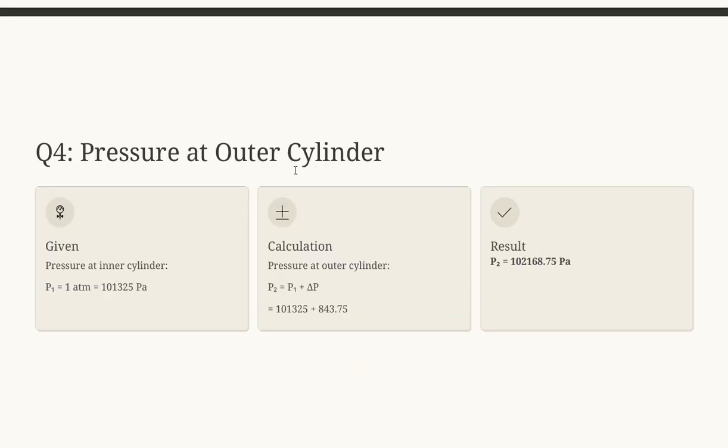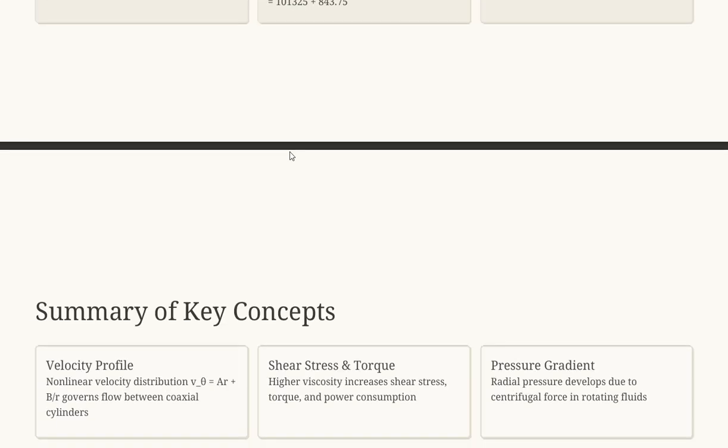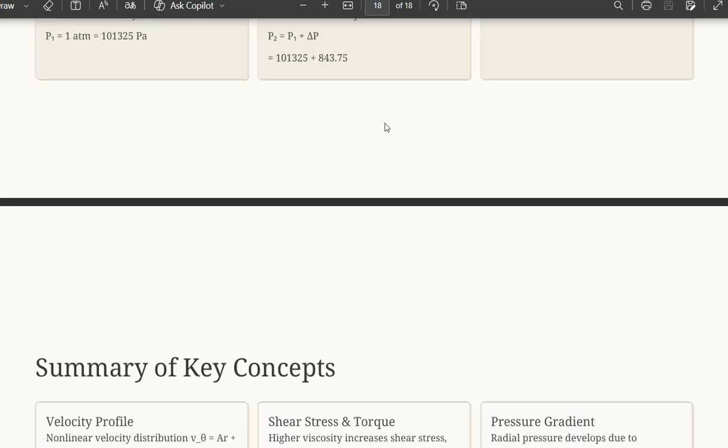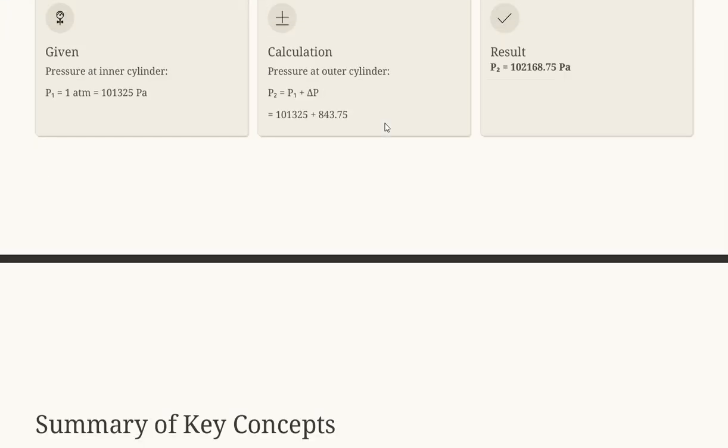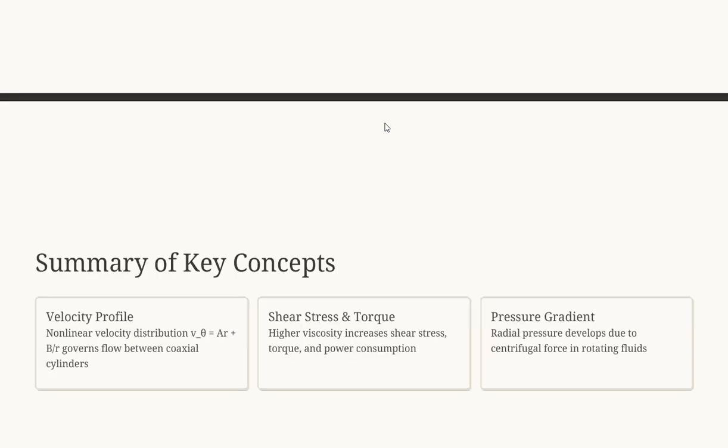And the pressure at the inner cylinder is P1 equals 101,325 Pascal, and pressure at the outer cylinder is P2 equals P1 plus delta P. By adding this to P1, we get P2 as 102,168.75 Pascal. So the pressure increases outward.